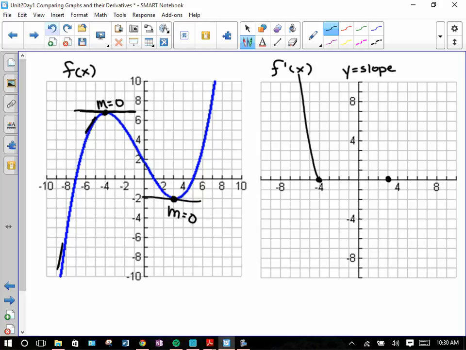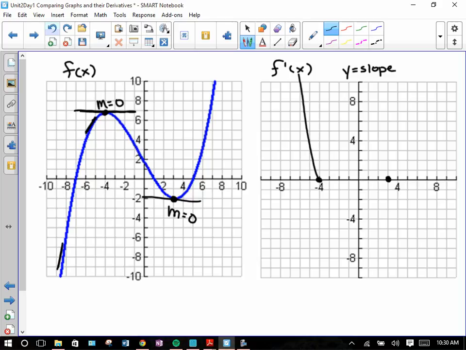Now, what happens just to the right of this point? The function is decreasing, so my slope is going to have to be negative. So from x equals negative 4 to x equals 3, my slopes are negative.